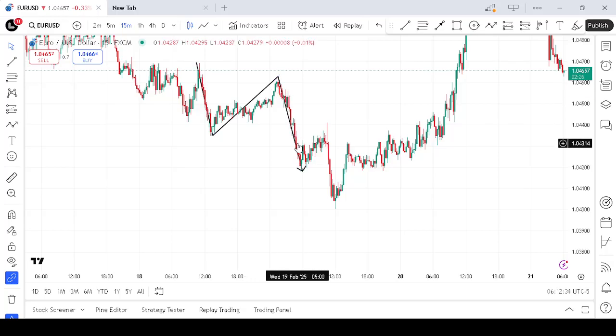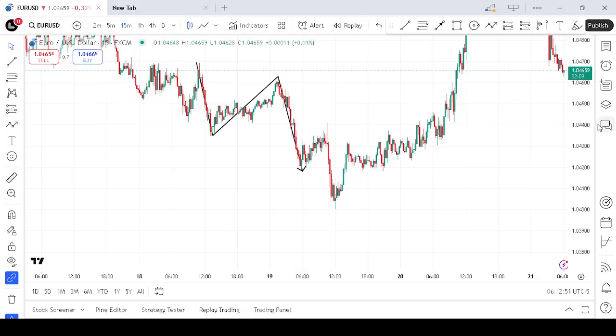The key to mastering this pattern is understanding that not every ABC formation will lead to a profitable trade. However, when combined with proper risk management and market context, it becomes a powerful tool in your trading toolkit.